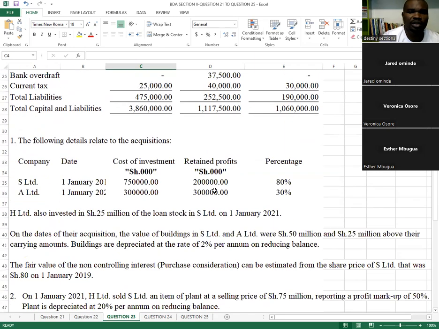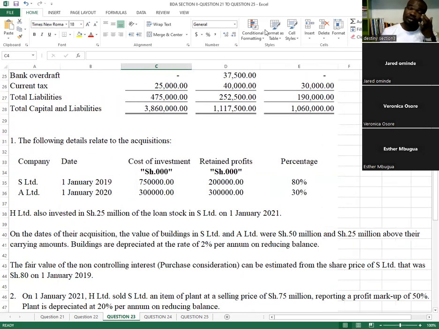The following details relate to the acquisition. The companies being acquired are S Limited and A Limited, with dates of acquisition 1st January 2019 and 2020.